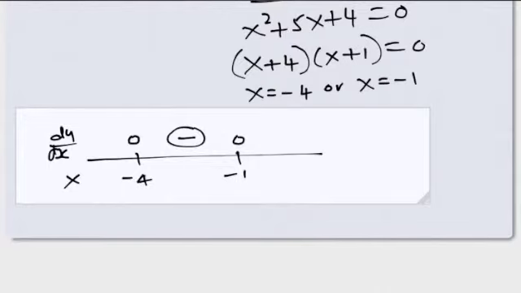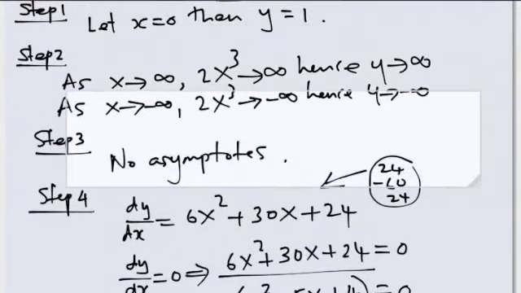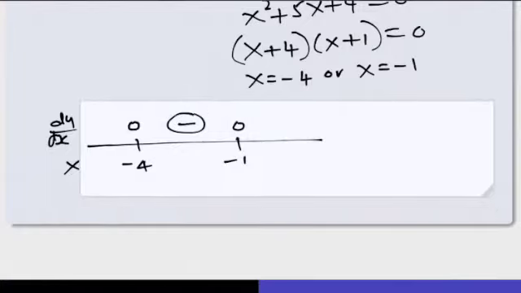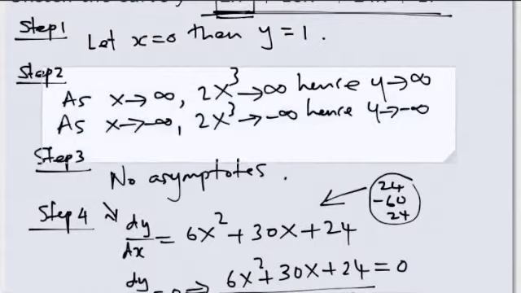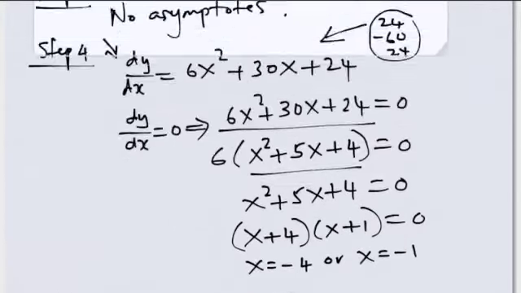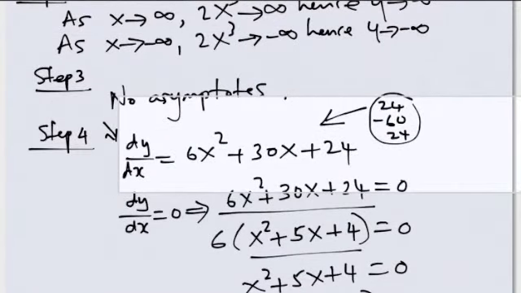If we put a number greater than minus 1, for instance 0, in dy dx, we substitute x equal to 0 and have positive 24, so dy dx is positive. If you substitute a number less than minus 4 for x, for instance minus 5, let's see what we get.